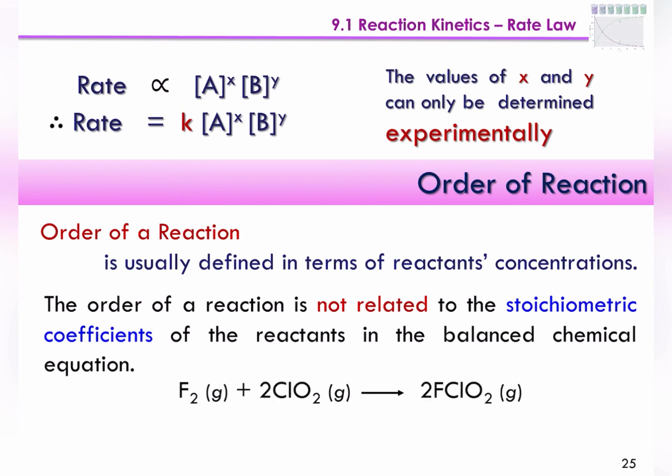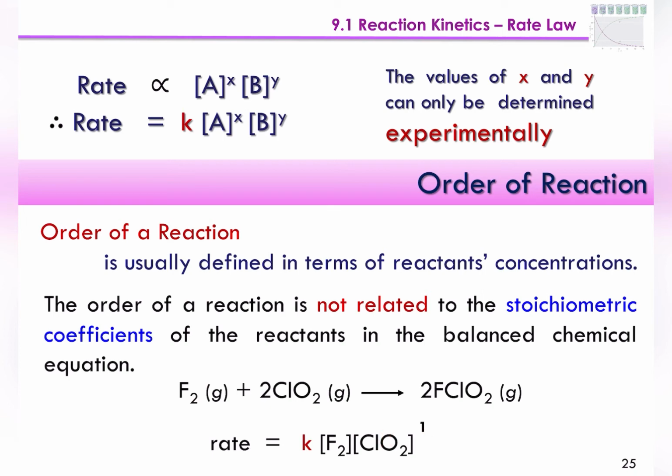For example, you got this equation, so you already balanced all of those. And when the rate law is given, you see this is the expression for the rate law. However, you see that the concentration for F2 and the concentration for ClO2 are raised up to the power of 1. And I want you to focus here.